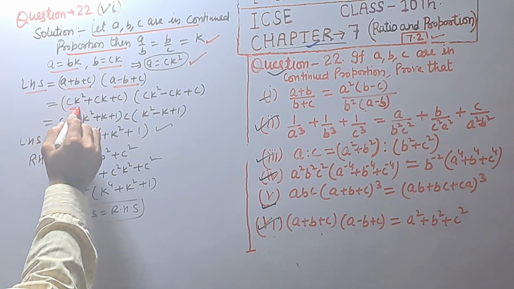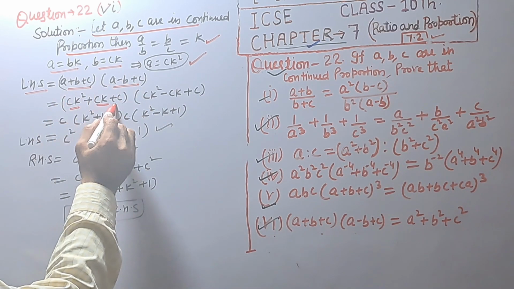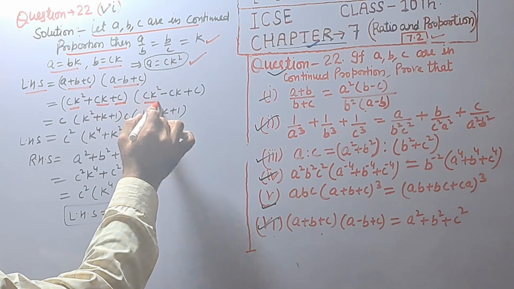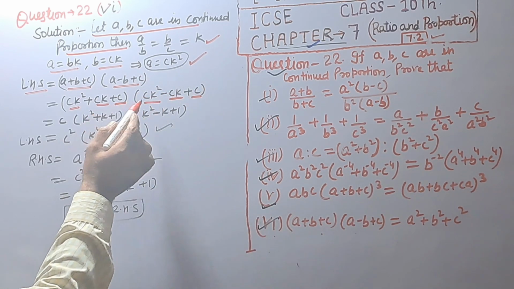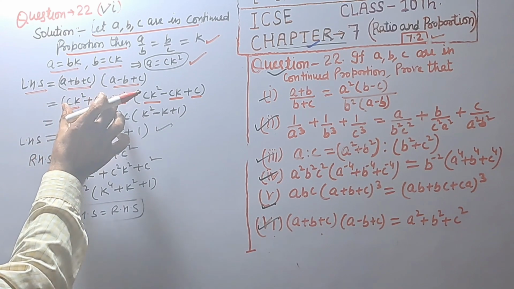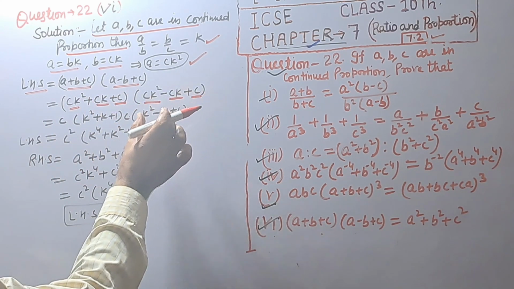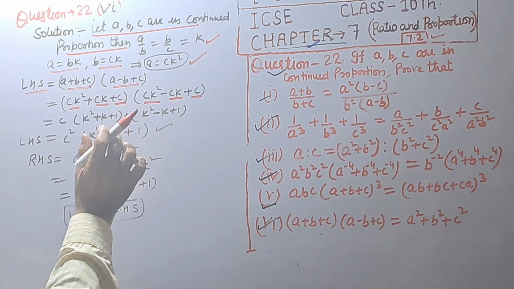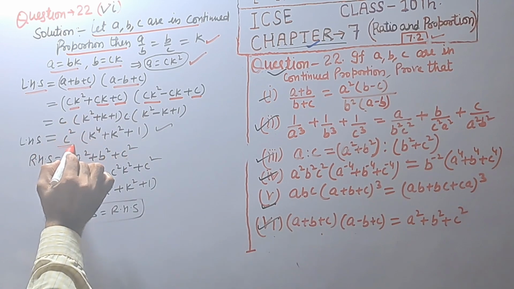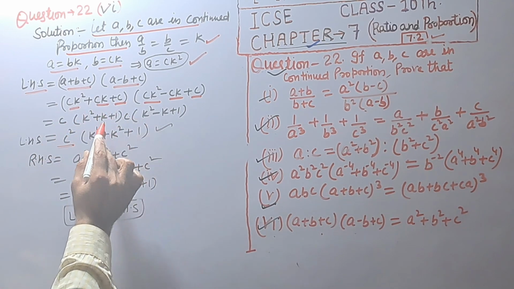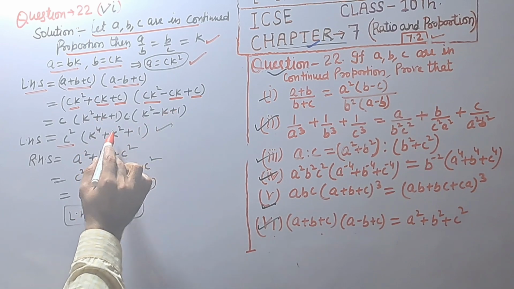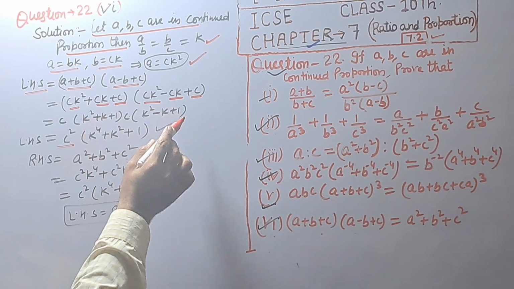We are putting a equal to ck square, b is equal to ck, and c as it is. Ck square minus ck plus c. We are taking common c in first bracket, and in second bracket we are taking common c also. C into c, this will be c square, and in bracket we get k raised to power 4 plus k raised to power 2 plus 1.